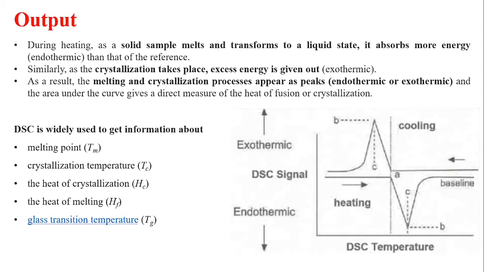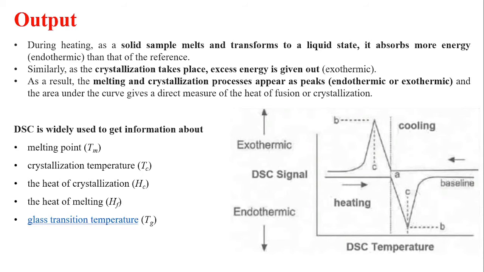This is the basic diagram that we acquire after performing the DSC. DSC consists of a measuring cell which contains a furnace and an integrated sensor. This graph includes both the heating and cooling profile of the sample as per the sample requirement.